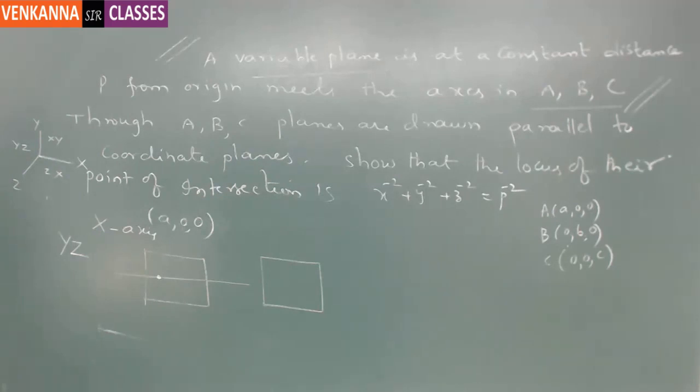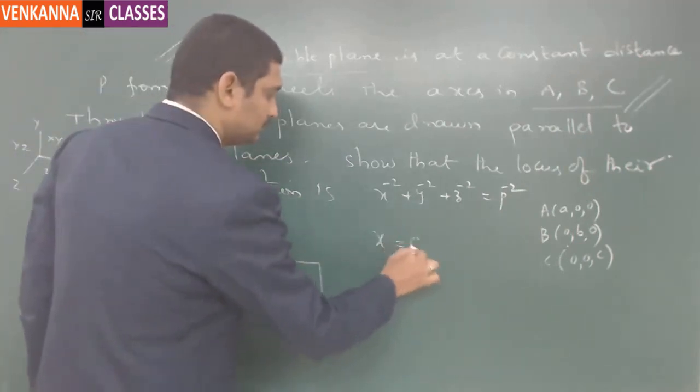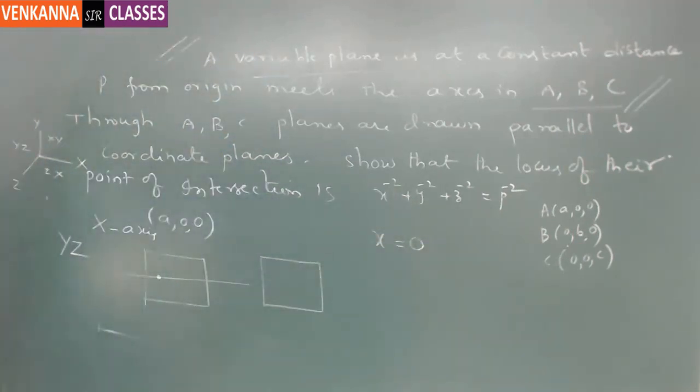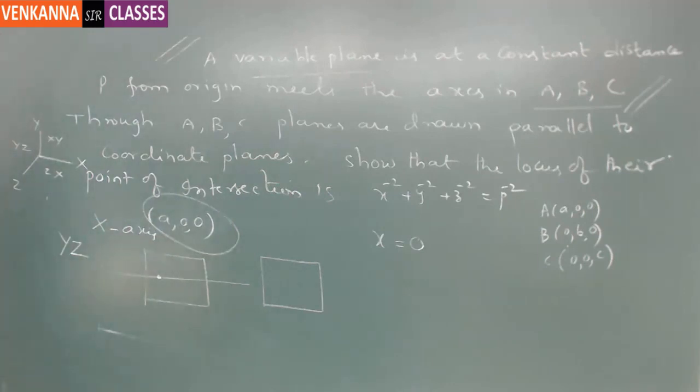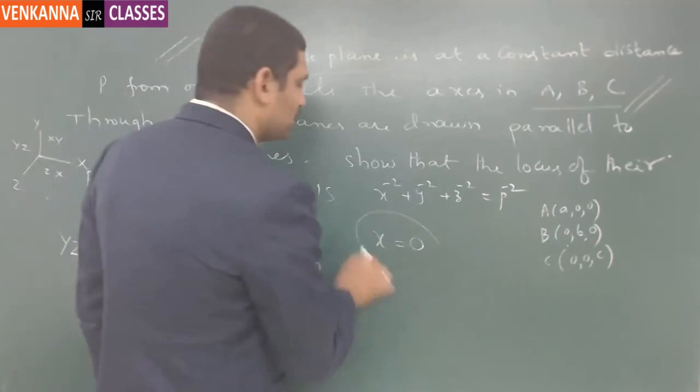So what is the equation of the yz plane? It is nothing but x equal to 0. So you are finding the equation of a plane which is passing through this point and is parallel to the plane x equal to 0.